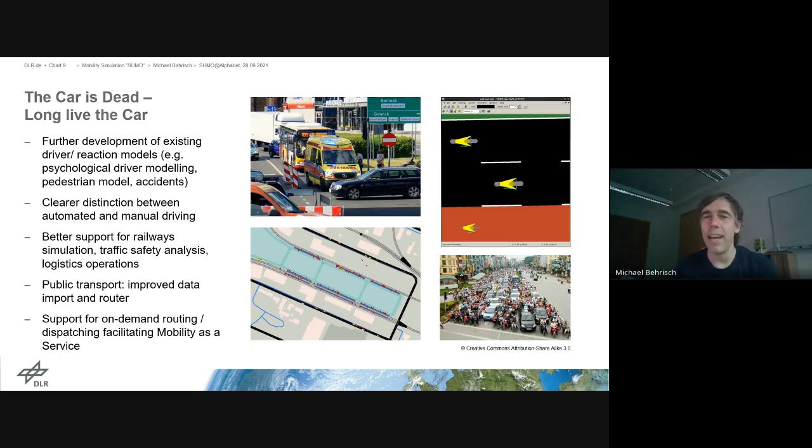But the problem we then have is that people want a model where they can really distinguish whether this is a human driver or an automated vehicle. And usually we do this by changing parameters of our model, such as reaction time or accelerations. But it's not so much that we really need completely different models. So this is something we still work on to make it easier for the user to distinguish, although it may not always be necessary.